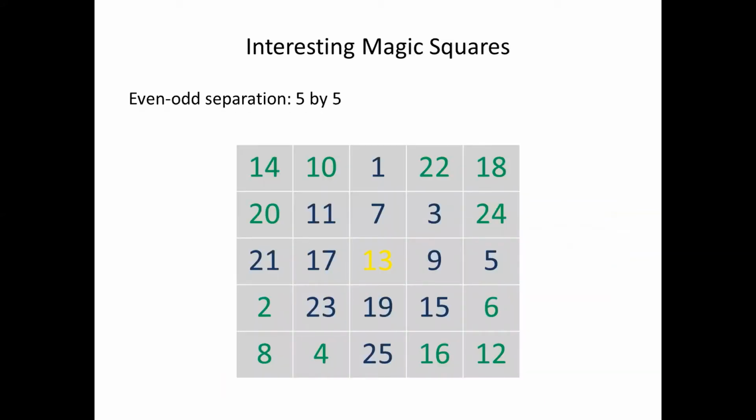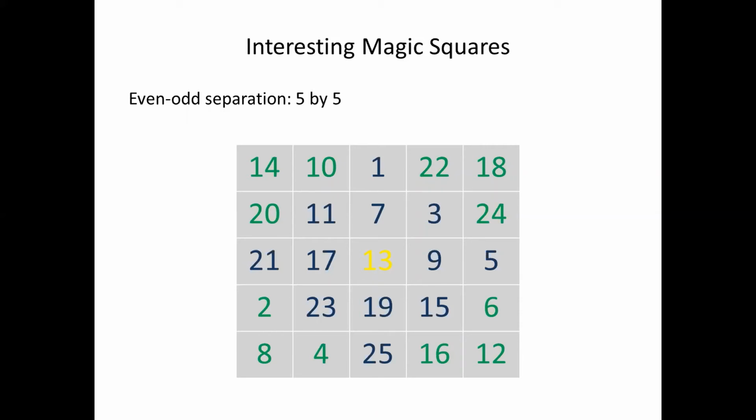Before I conclude the video, I'm introducing 2 interesting magic squares. The first one is called the even-odd separation. This one we have already seen. The even-odd separation means all the even numbers are placed in the 4 corners, all the green numbers, in the 4 corners of the square.